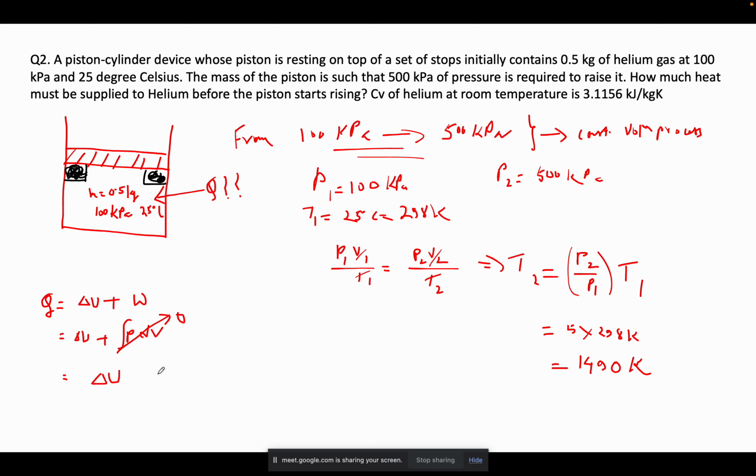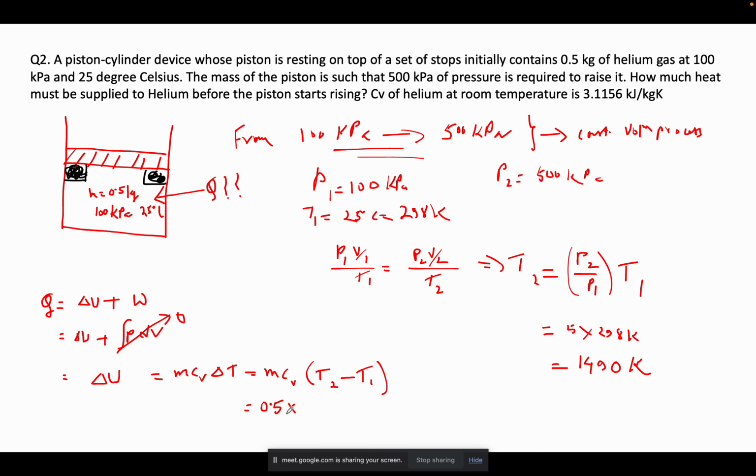And what is the delta U for an ideal gas? It is nothing but m Cv delta T. That is basically m Cv (T2 minus T1). So what is your m? Your m is 0.5.